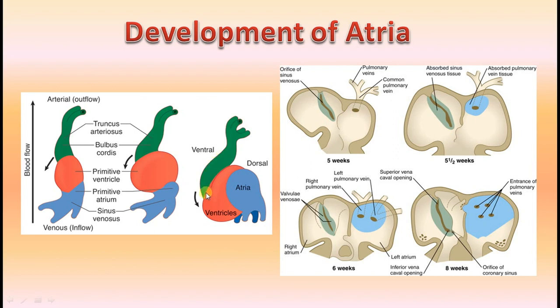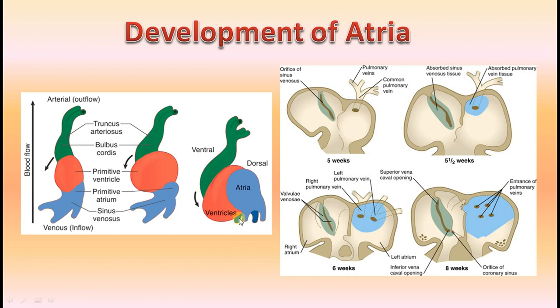Thereby the atria move posteriorly and superior to the ventricle. So the primitive atrium receives two horns. Two horns you are able to see. This is the right horn of the sinus venosus and that is the left horn of the sinus venosus.